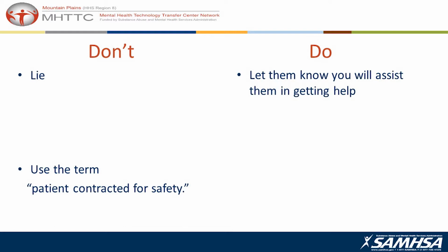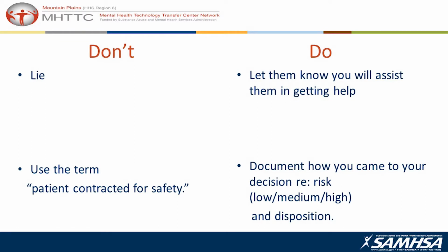So oftentimes you'll read in the chart, patient contracted for safety. That should be supportive only to the practitioner's evaluation or assessment. So we might actually say the patient contracted for safety, but that's not enough, at least for a psychiatrist. I need to back that up in my documentation, and this is why I trust that that's true.